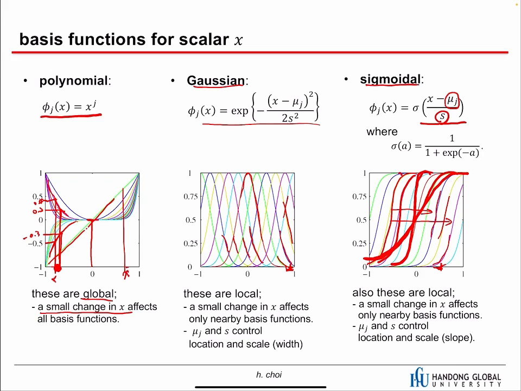The blue one and the green one will not be changed. So depending on the location of these basis functions, they are affected or not. If all the basis functions are affected by a small change of x, then the basis functions are global. Otherwise, they are local.